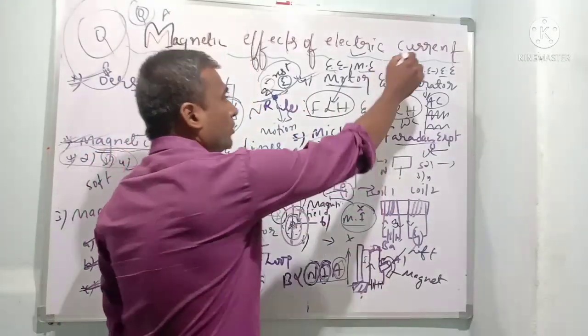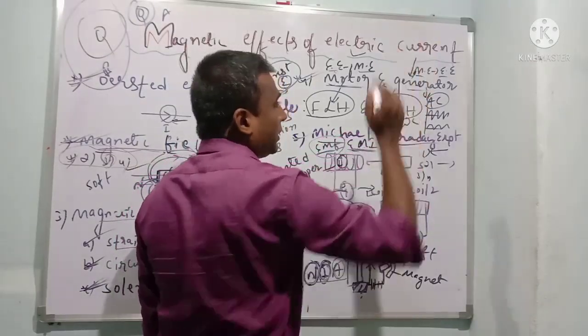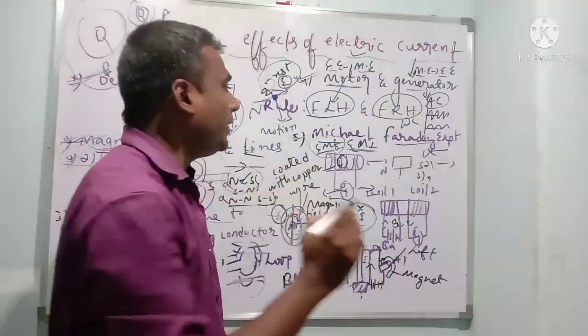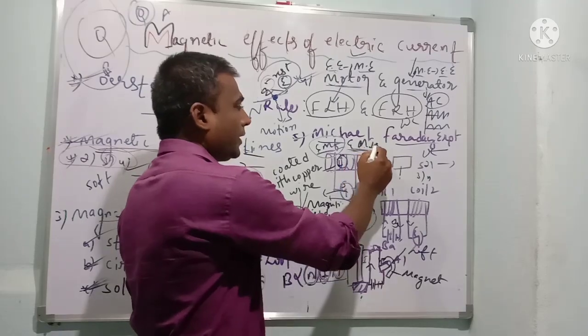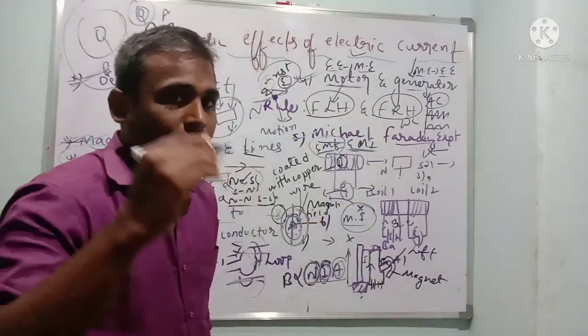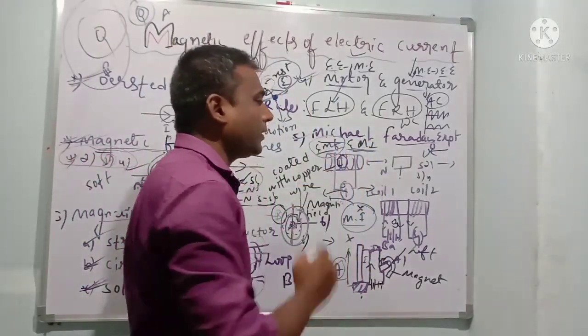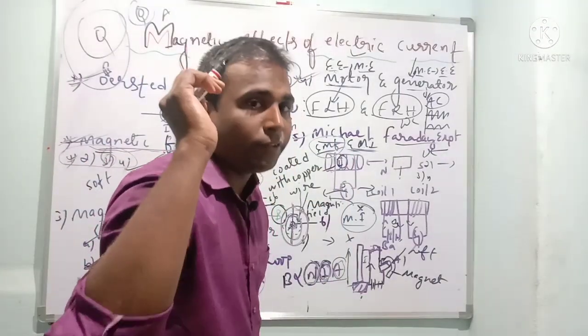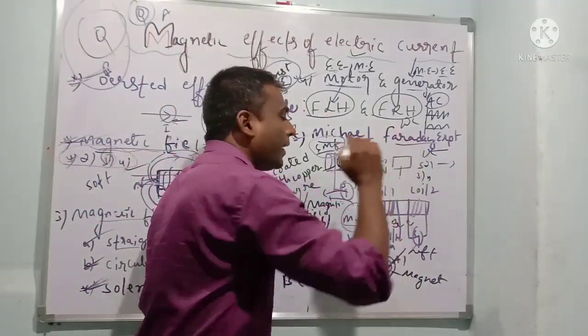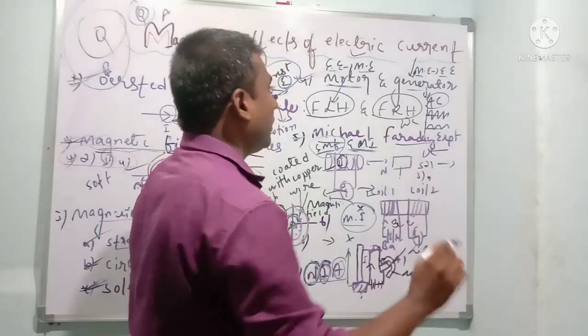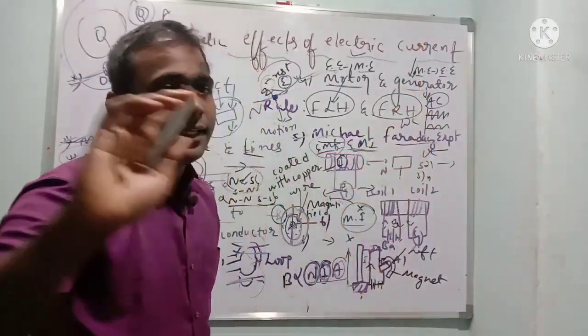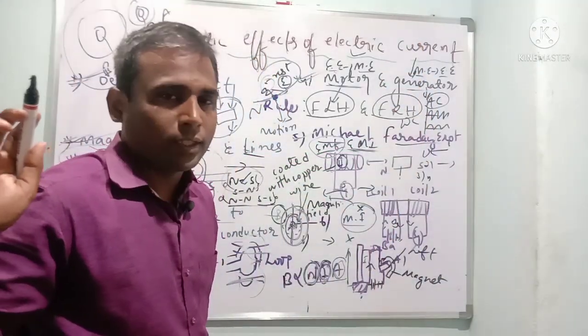So I am coming to this point. What is the principle of a generator? That is EMI, electromagnetic induction: the process of producing induced current or electromotive force by changing the magnetic field is called electromagnetic induction. That much only.